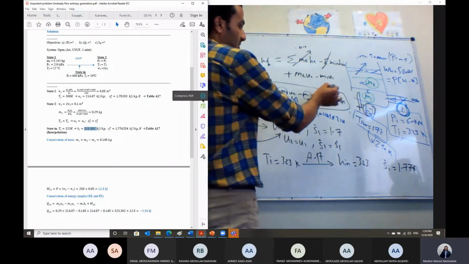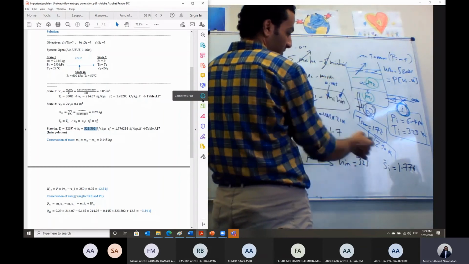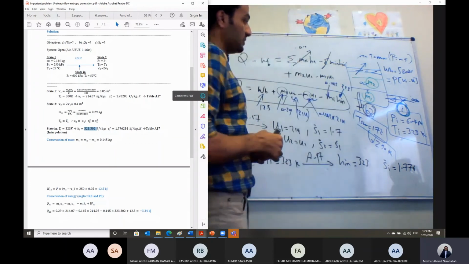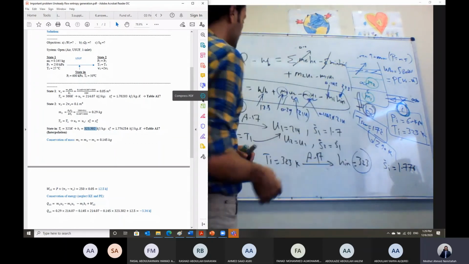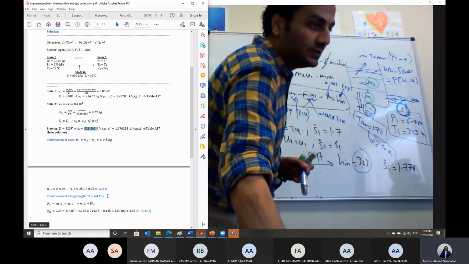The inlet mass we have calculated is 0.145, and the enthalpy h inlet is equal to 323 from table A17. Based on that, we can calculate the heat transfer in this case.